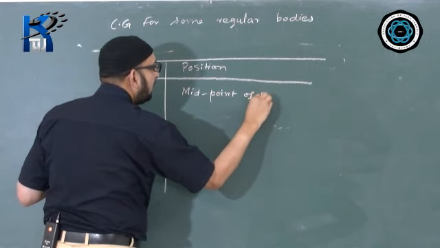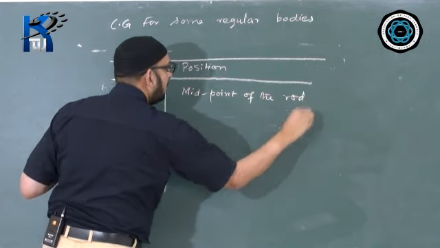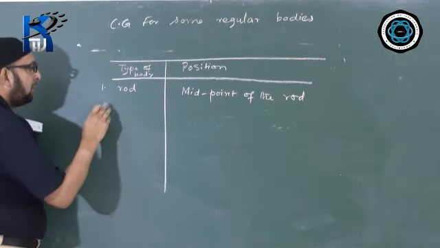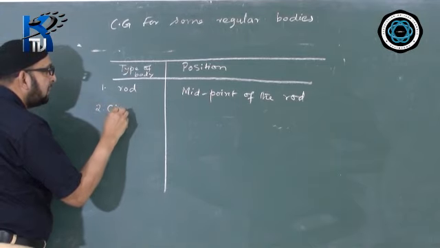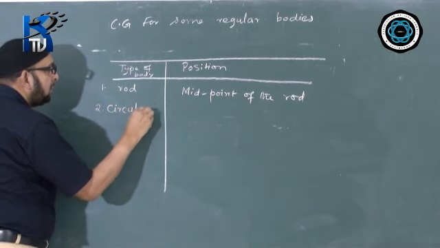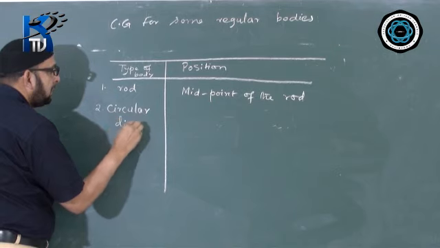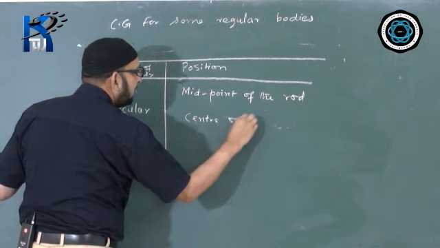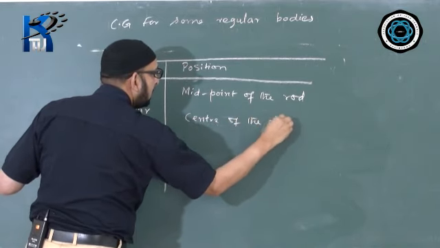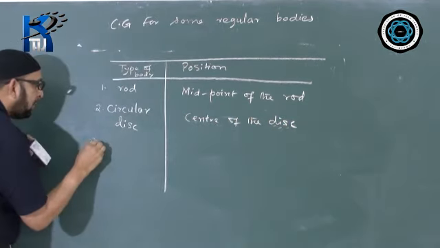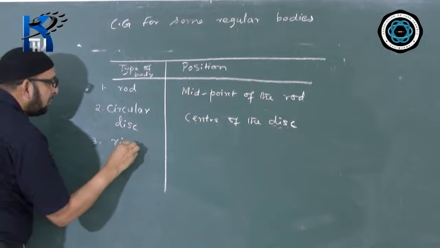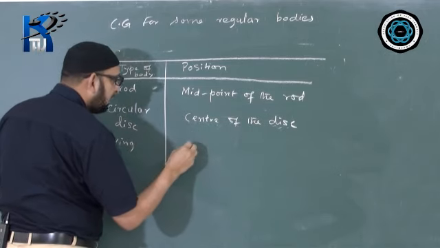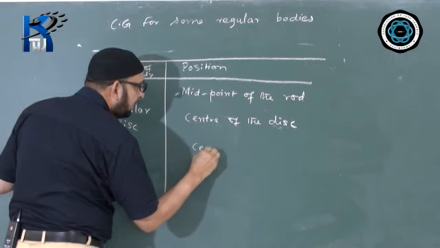Second case, suppose we are having a body in the form of a circular disc, this will be at the center of the disc. If we are having a body in the form of a ring, as I mentioned already and shown before, it is situated at the center of the ring.